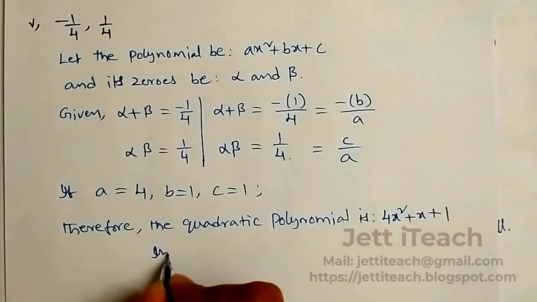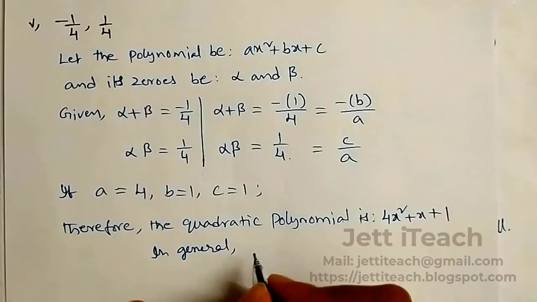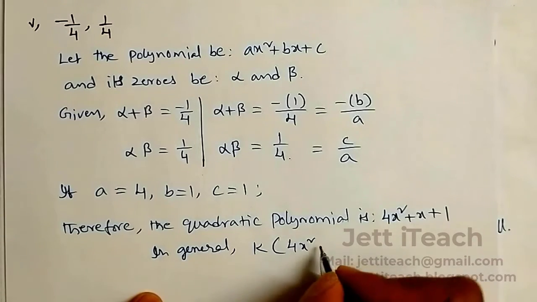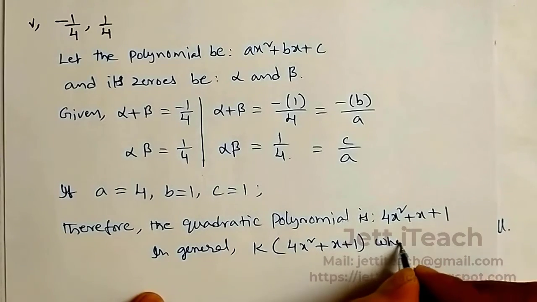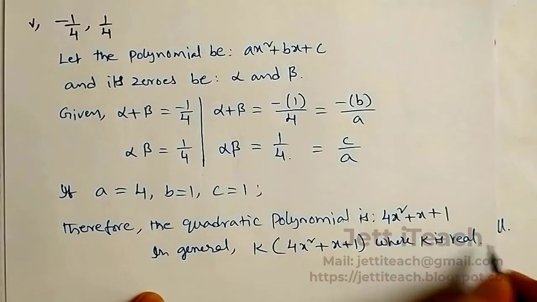In general you can write k of 4x square plus x plus 1, where k is a real number.